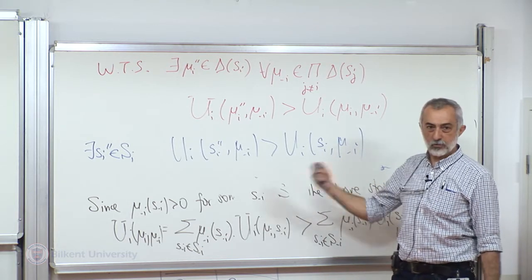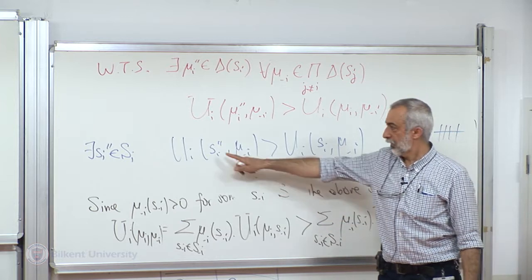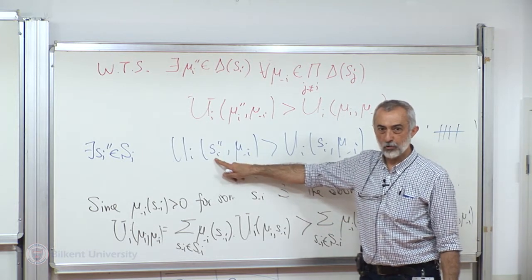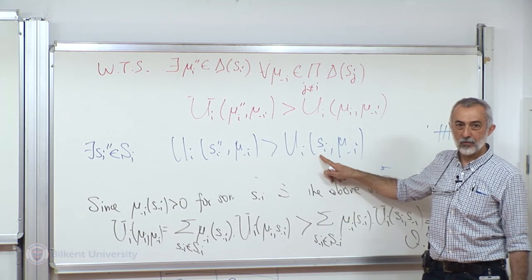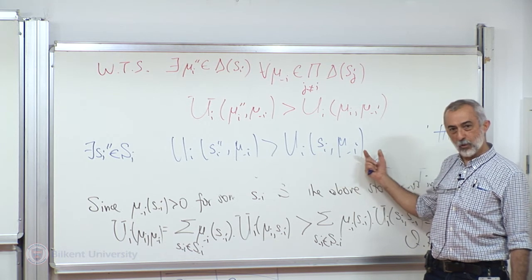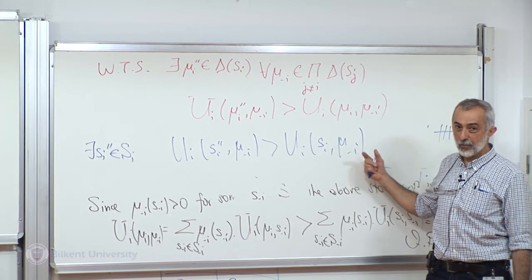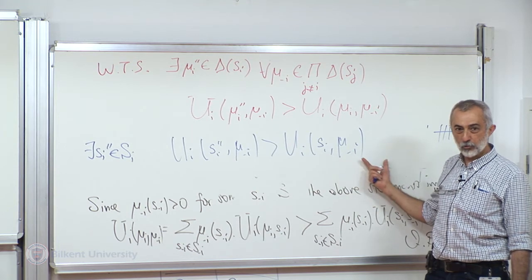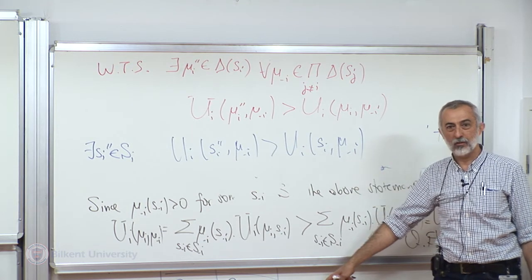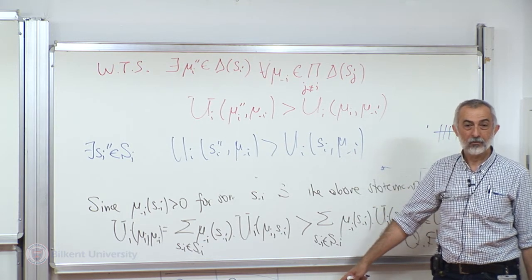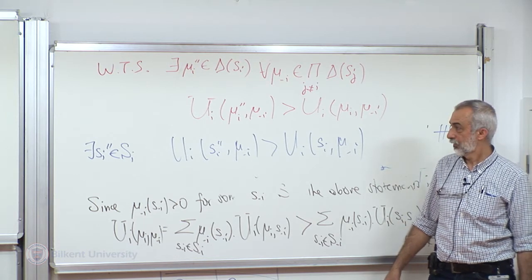But this says that s_i double prime strictly dominates s_i, both in the mixed extension game and hence in the pure strategy game, which we just showed. But this s_i double prime will always exist for each mu_minus_i.